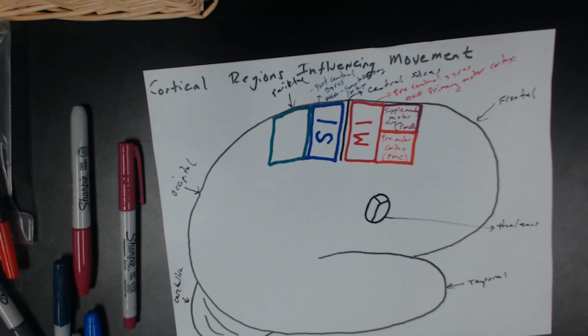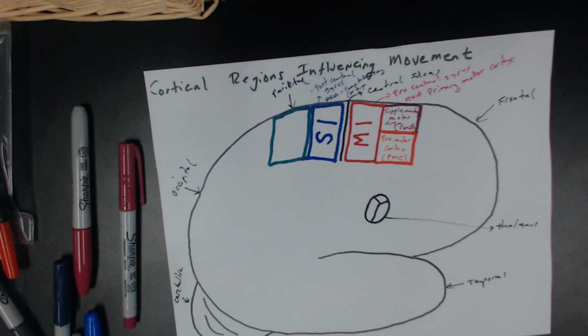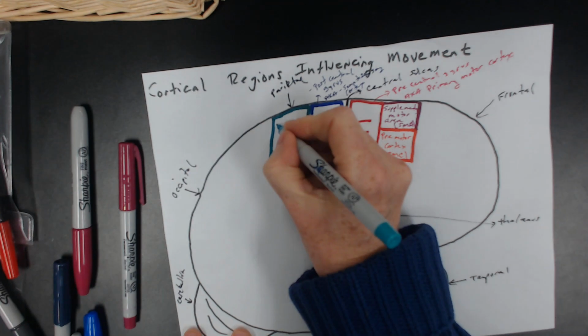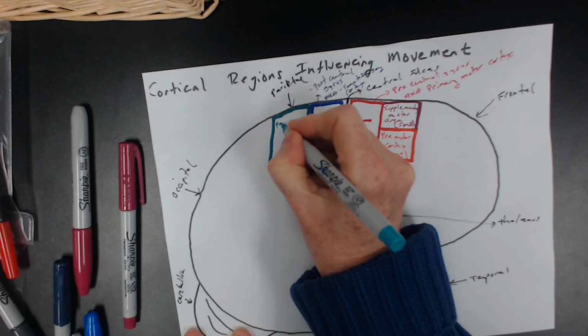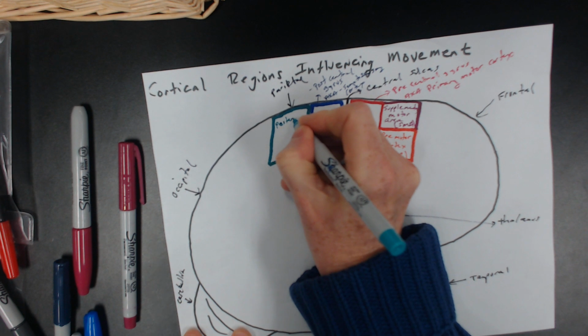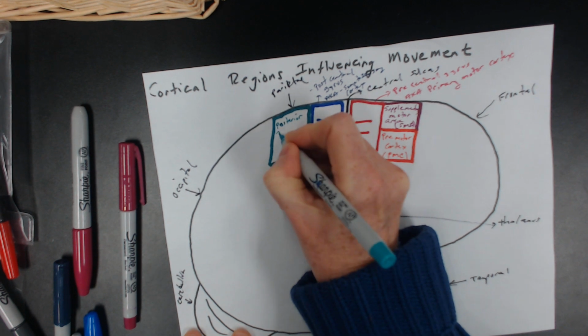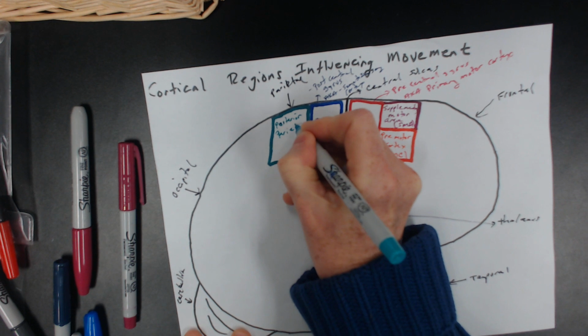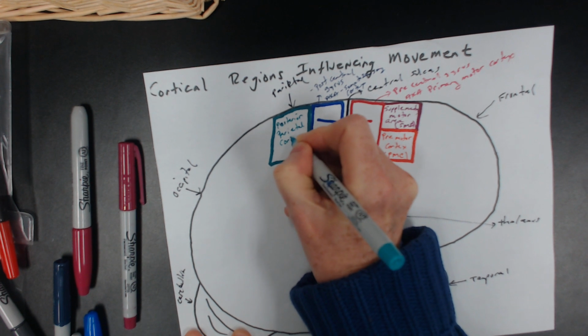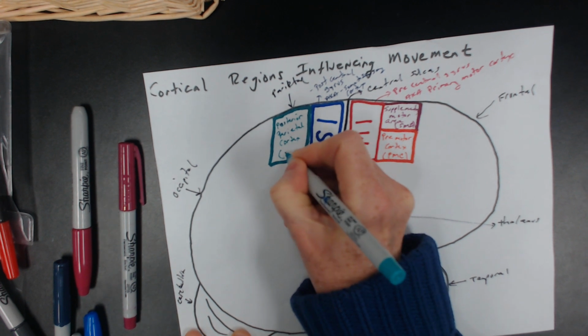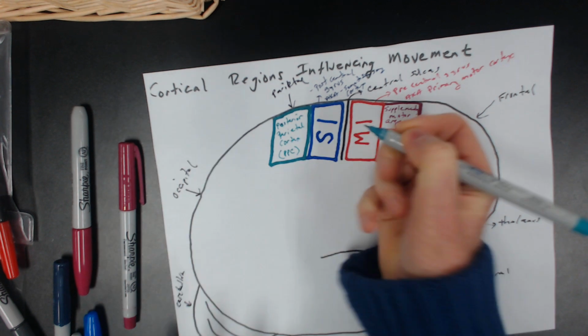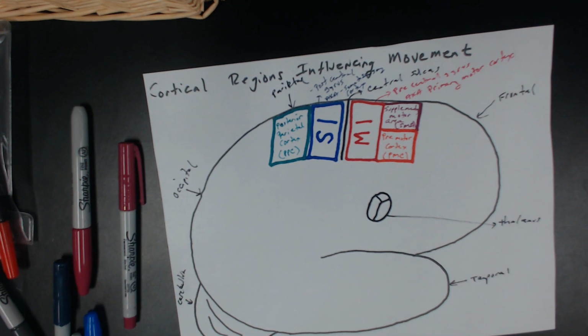So sometimes you might see posterior parietal cortex. Other places you might see posterior parietal association area. That's the same space. We'll talk about that a little bit more next year. I'll just abbreviate that as PPC. So either posterior parietal cortex or posterior parietal association area. Two words for the same thing.